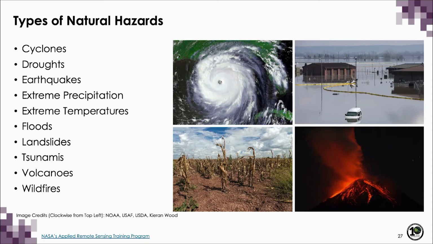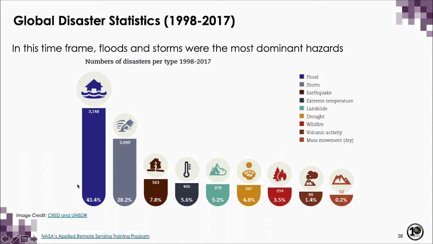So here are some of the natural hazards: cyclones, droughts, earthquakes, extreme precipitation and temperature, floods, landslides, tsunamis, volcanoes, and wildfires.